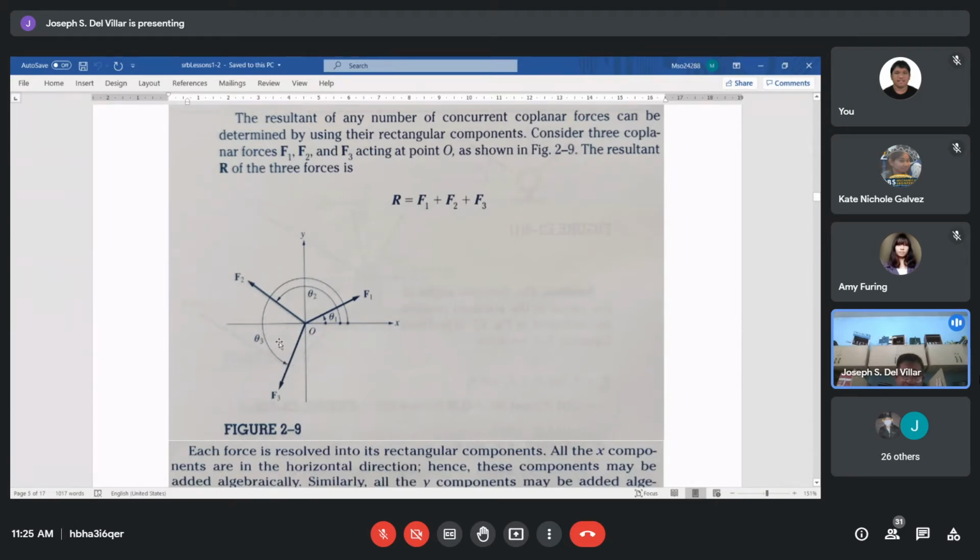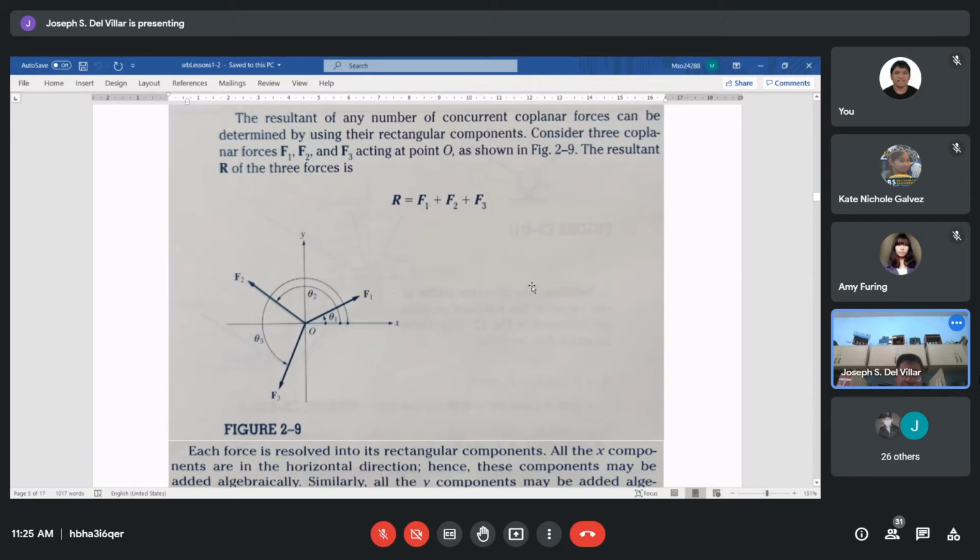So gusto ko tong angle na to with respect to the negative x or below the negative x. And how are you going to get this? We have theta sub 3 minus 180 degrees para makuha nyo itong acute angle. Theta sub 3, whatever it is, minus yung straight angle na 180 so that you can arrive at this acute angle.